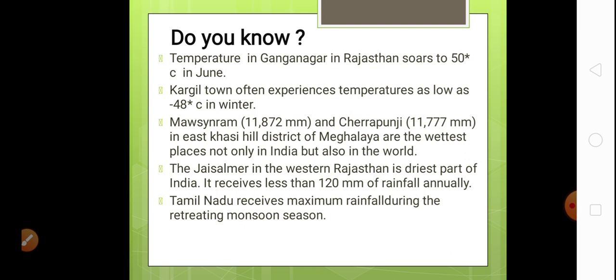So much of a variation in the rainfall in India. Next is Tamil Nadu receives maximum rainfall during the retreating monsoon region. We have learned just now that some part of the places gets the rainfall from the retreating monsoons. So Tamil Nadu is one among them.